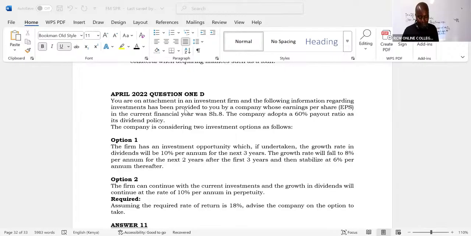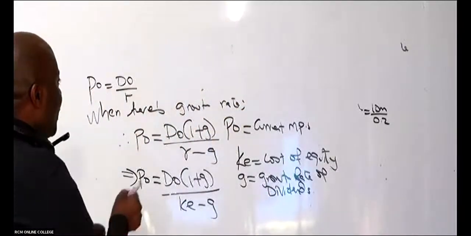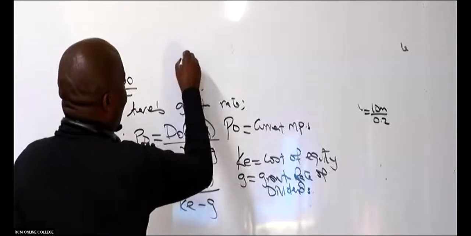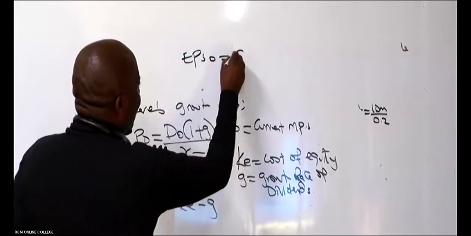I repeat, ladies and gentlemen, you're on attachment in an investment firm, and the following information has been provided to you by a company whose earnings per share in the current financial year is 8, and the dividend payout ratio is 60%. So we can see that the EPS in the current year is 8.